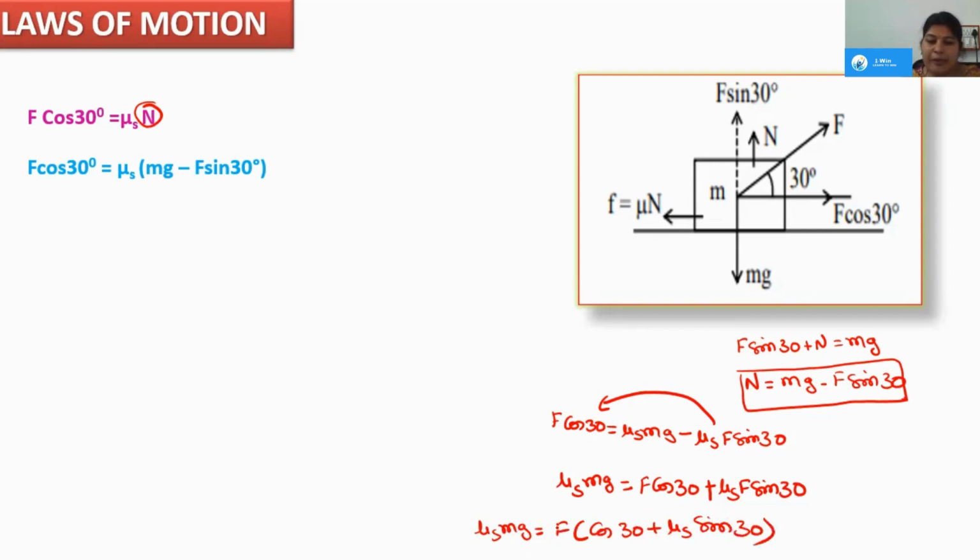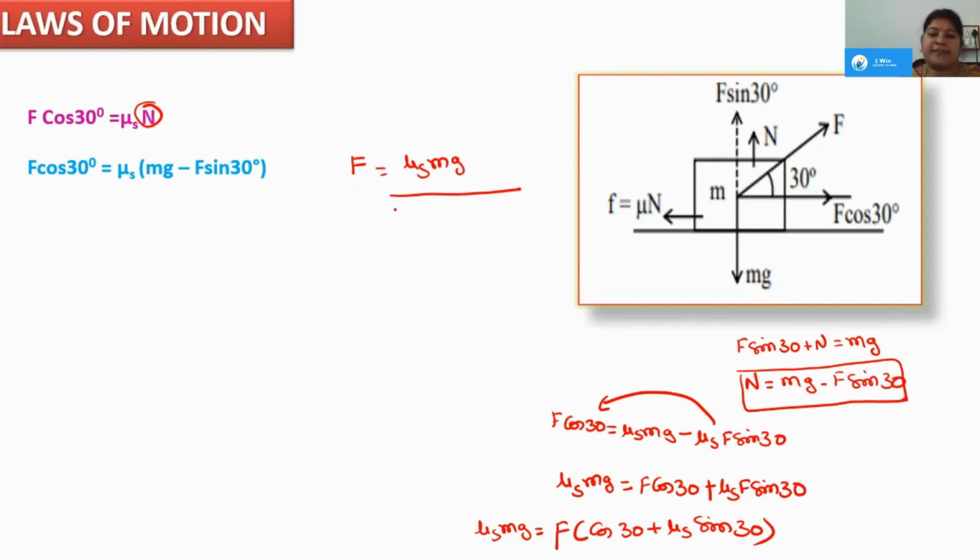Here onwards, I am going to write the formula for F. To write the formula, I bring this value to this side. Then the formula to find capital F is mu s into mg divided by cos 30 plus mu s into sin 30.